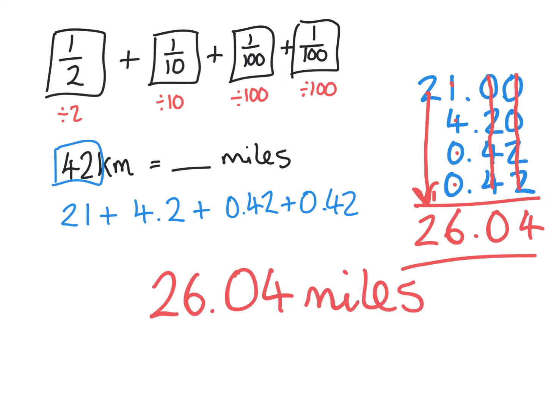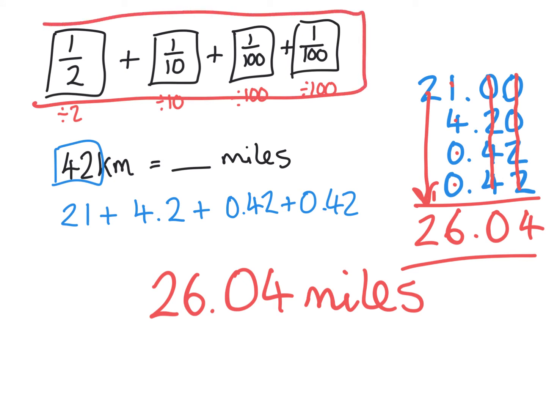Okay. So this is the method. That method will always stay the same now. So a half plus a tenth plus a hundredth plus a hundredth.